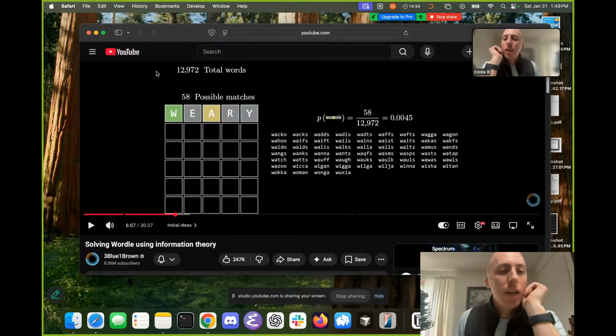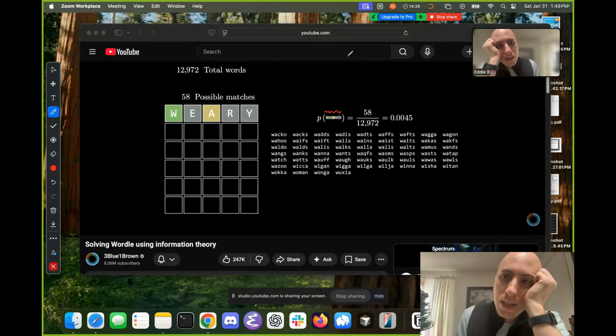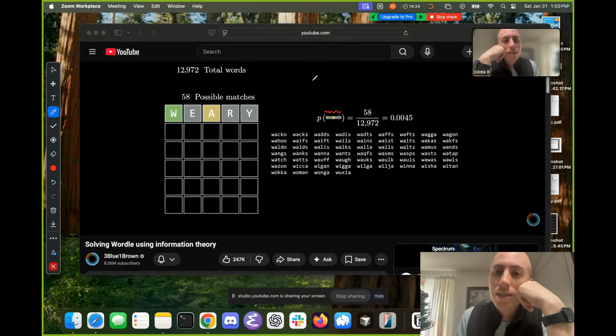Using an extreme example, the pattern with a lot of information is unlikely to occur. So the most unlikely thing is that we just guess the exact right word, the pattern of green, green, green, green, green.